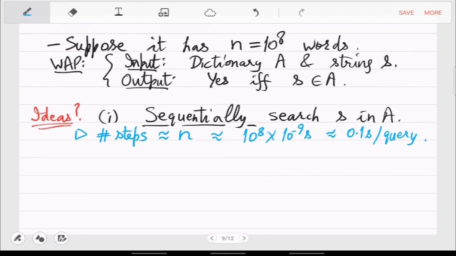So this is not considered fast, it's actually very slow, because you will be using it for many, many queries, and then overall your cumulative time is very high. So the faster method is, of course, what you have already seen, binary search. So you do binary search for S.